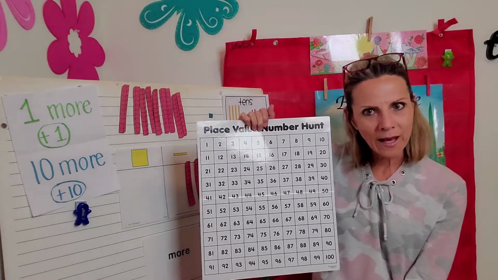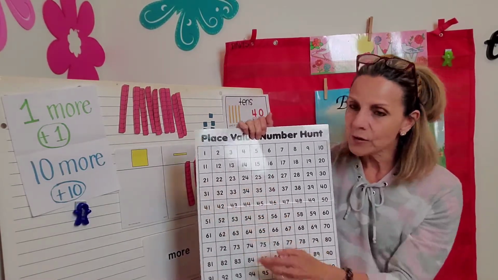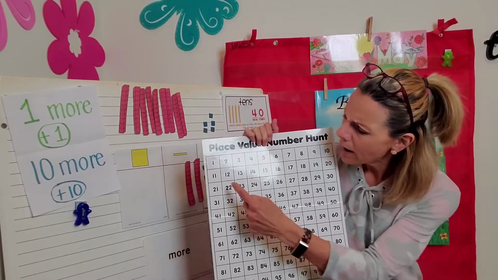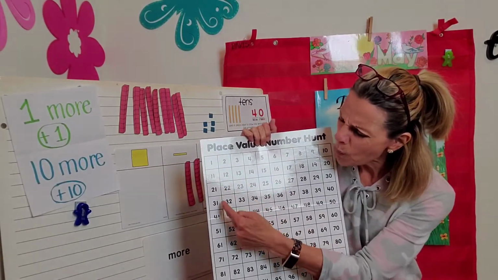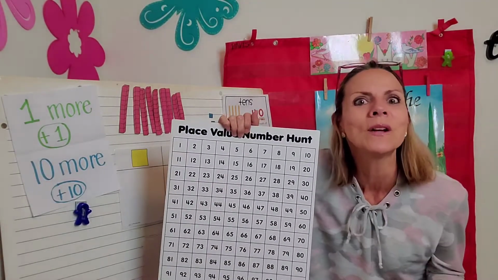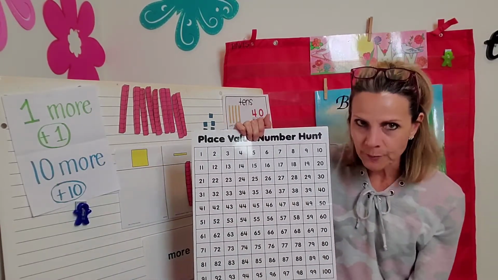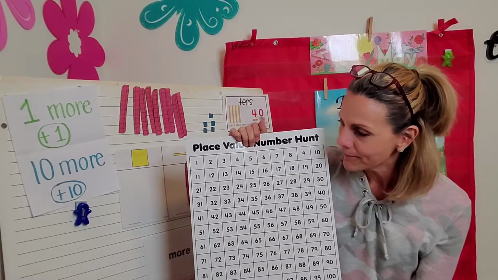And I'm realizing that there's a lot of ones in that column. All of the ones in that column are in the ones position. Every time I go down, the ones position stays the same.